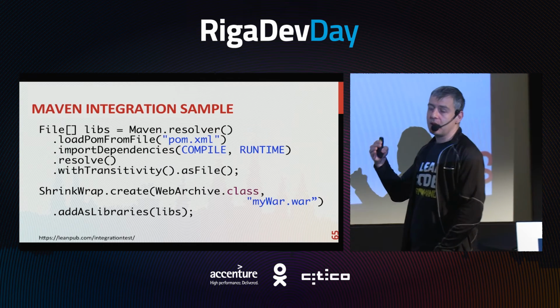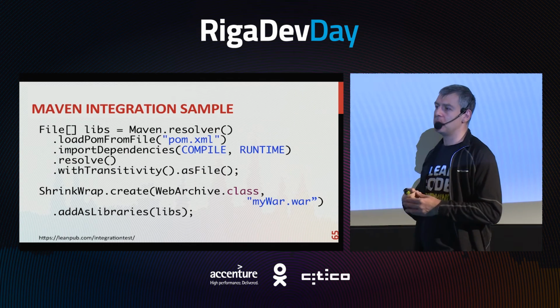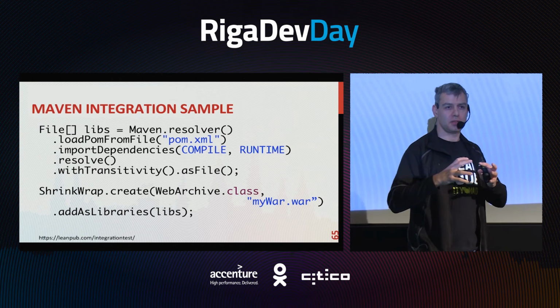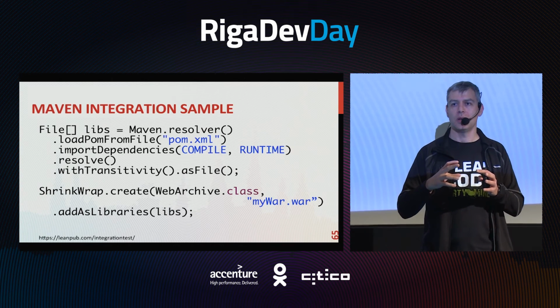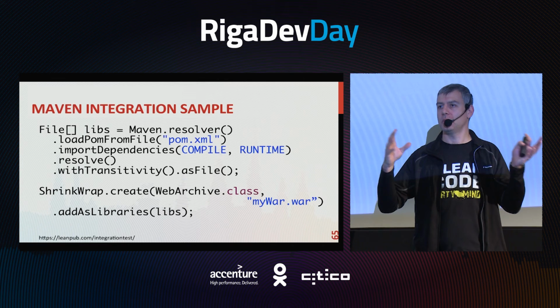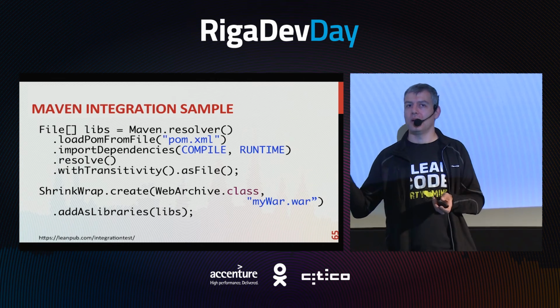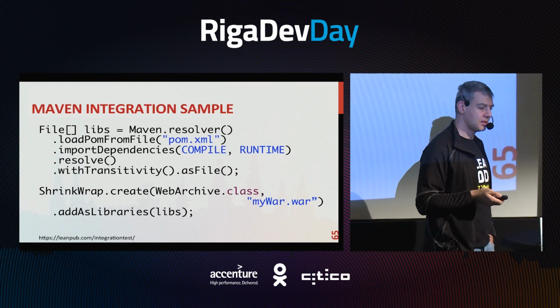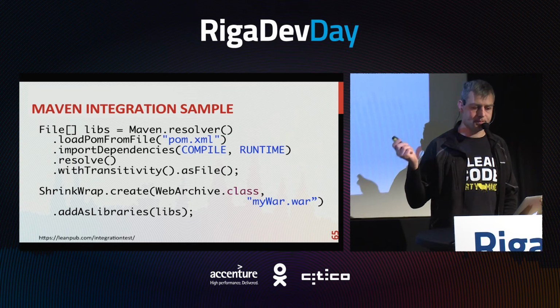Again, this lets you create a very small deployment package or the biggest one with no problem. And with that, you can deploy exactly what you want, and you can use CDI however you want.